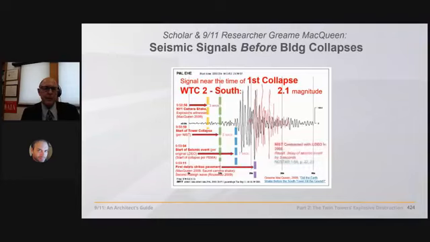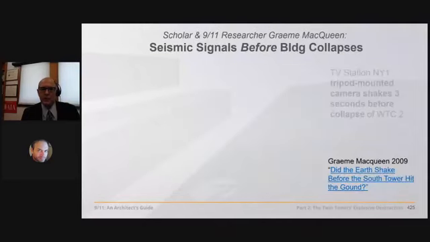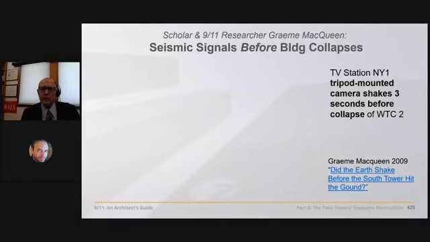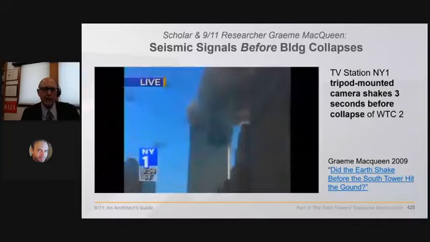And 3 seconds before the start of the tower's collapse, at the beginning of a more well-defined set of shear waves to the right of the yellow marker, we have the camera shaking. This one's more subtle. New York 1 shaking 3 seconds prior. And watch carefully. There's the shake. And 3 seconds later, the tower's coming down.